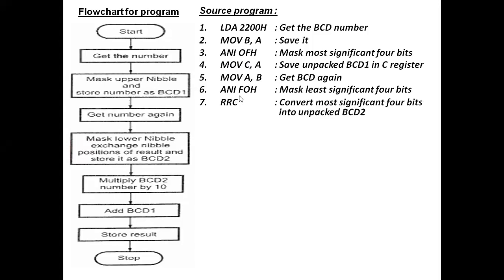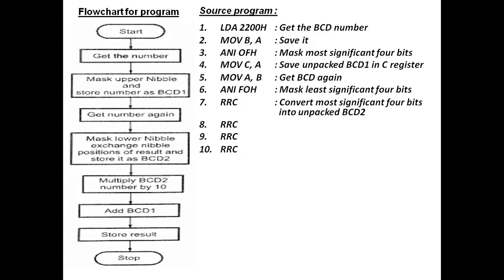Once we are able to mask the lower nibble, we have to shift it 4-bit right. So for shifting it 4-bit right, we are using RRC instruction. Now this RRC instruction is going to shift the content of the accumulator 1-bit right. And since we have to do the shifting 4-bit right, we have to use the RRC instruction 4 times: 1, 2, 3, and 4.